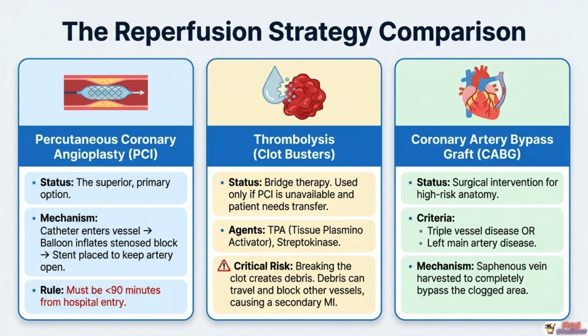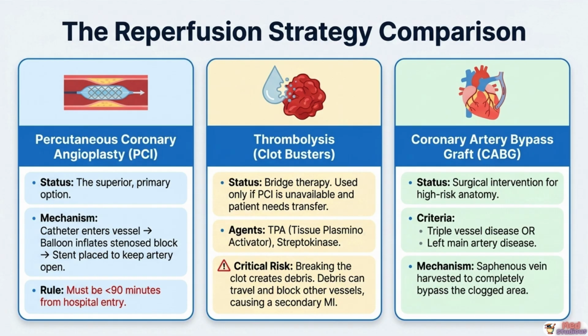Three reperfusion strategies exist for STEMI, and the selection between them is one of the most consequential clinical decisions in emergency cardiology. Percutaneous coronary intervention, PCI, is the unambiguous gold standard and first-choice reperfusion strategy for all STEMI patients presenting within 12 hours, provided it can be performed within 90 minutes of hospital arrival at a PCI-capable center. The mechanism is mechanical.